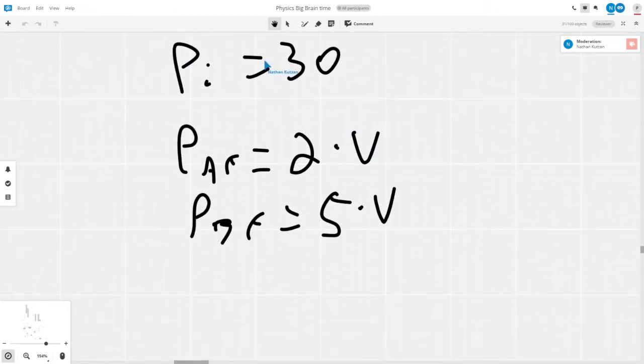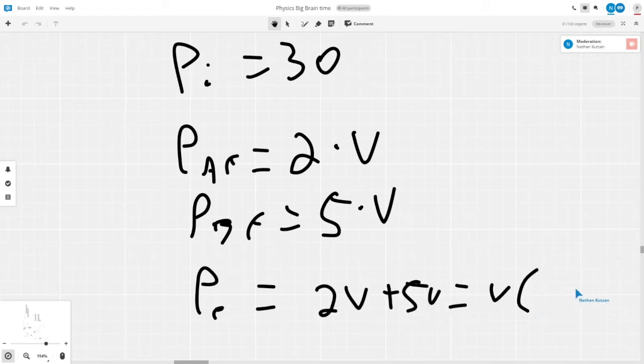So the final momentum is equal to 2v plus 5v, which is the same as v times (2 plus 5).